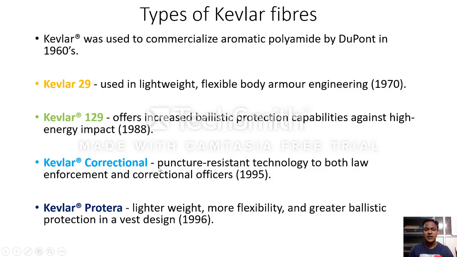And Kevlar Correctional is another advancement which came around 1995, and it offers puncture resistant technology to both law enforcement and correctional officers. And Kevlar Protera is another development in 1996. It is lightweight, more flexible and provides greater ballistic protection.